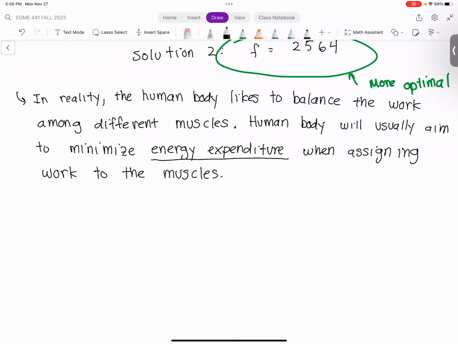And so the question now becomes one of load balancing instead of, well, I guess technically the other one's load balancing as well, but we're balancing the energy load between the different muscles. Okay. And so what this means is that, if we were to really run this optimization a little bit more realistically, we would have to change our objective function to reflect this objective.